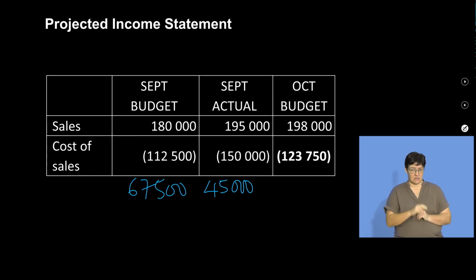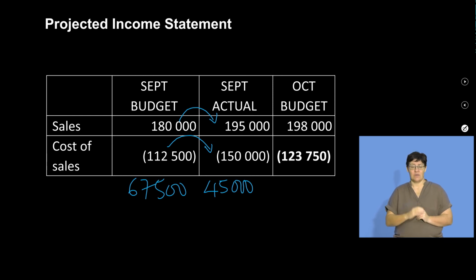Right. So, watch. Important. Your sales increased from 180,000 to 195,000. But at the same time, your cost of sales increased from 112,500 to 150,000.